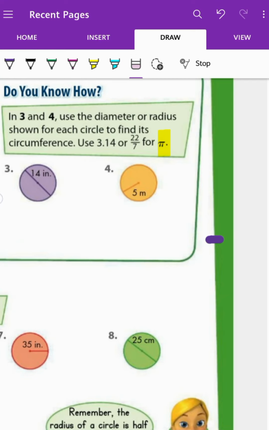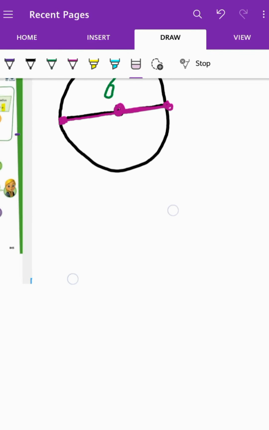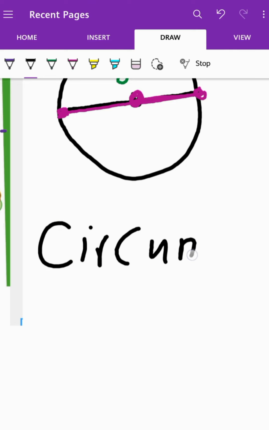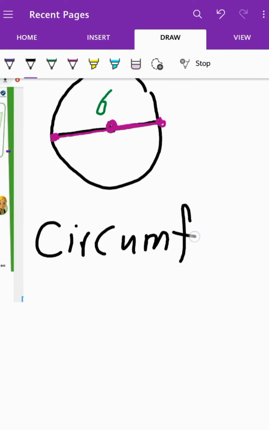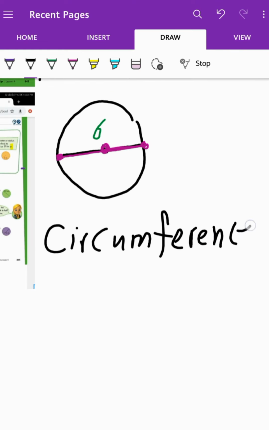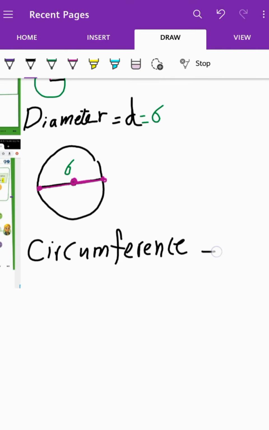Now, how can we find the third concept that we want to find? It is called circumference. To find it, you need d and pi.